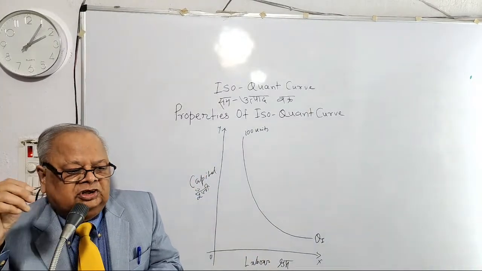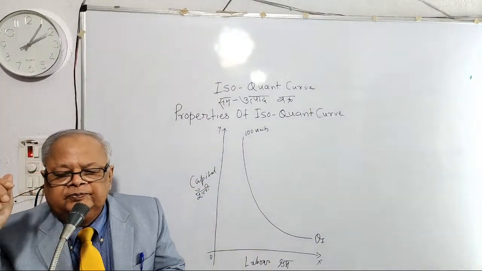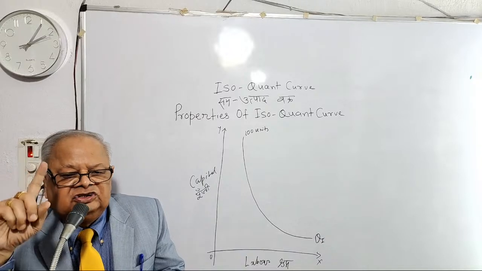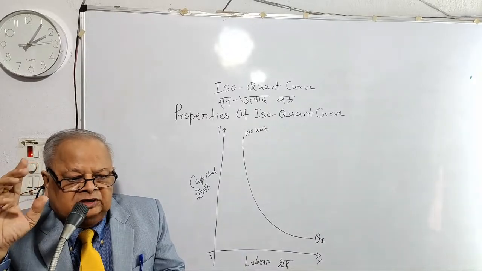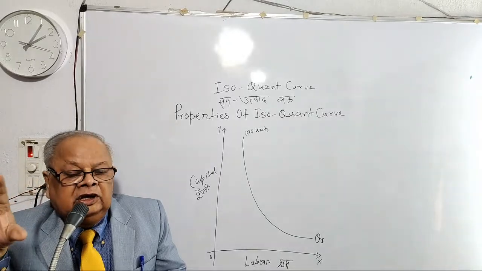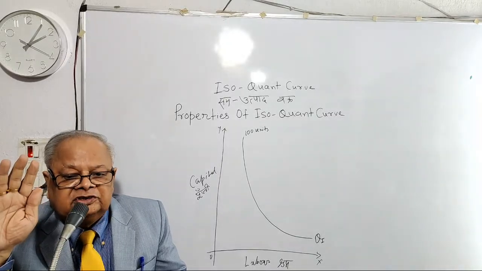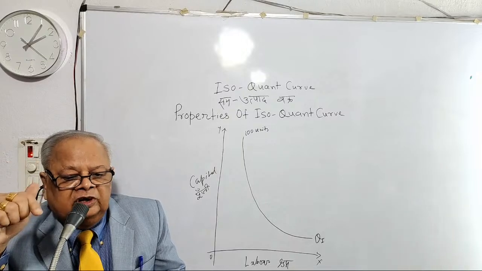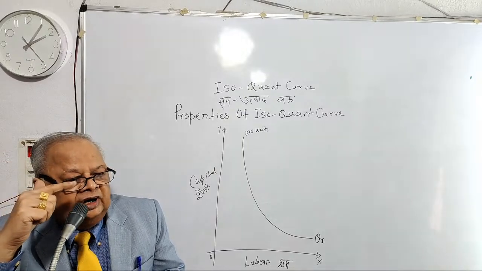On the board you see the isoquant is downward sloping, and this is a single isoquant. It means the producer will get 100 units. Therefore Q1 is denoted as 100 units.